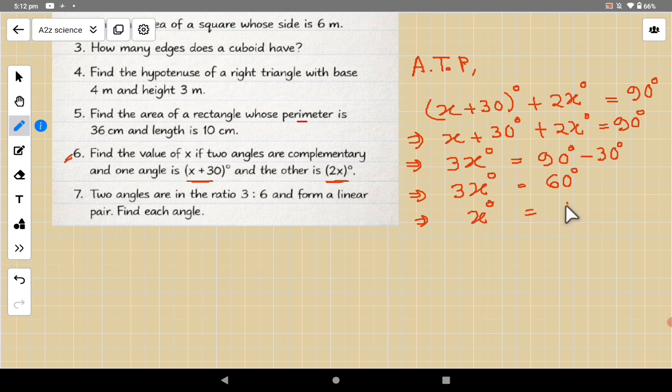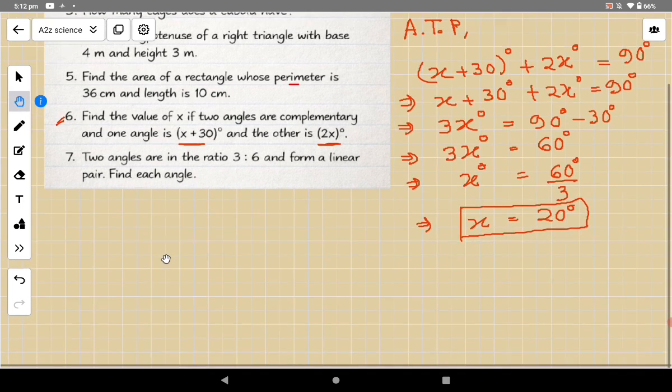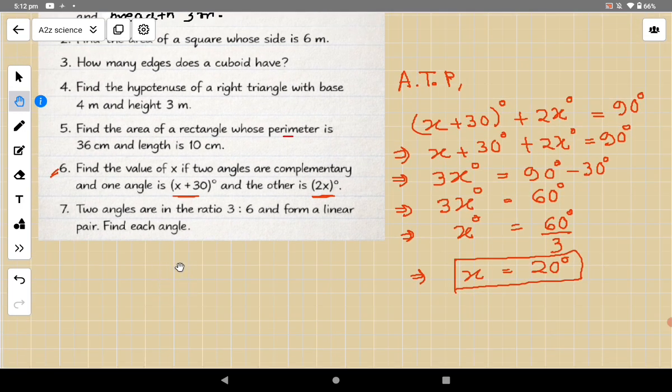So x degrees is 60 degrees divided by 3. So the value of x will be 20 degrees. Here we have the value of x. This is the answer.